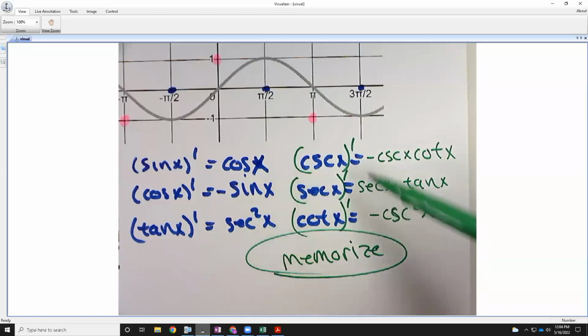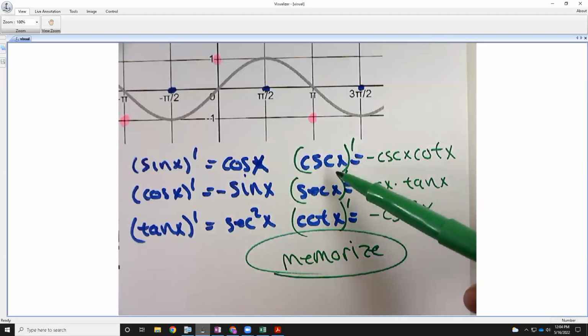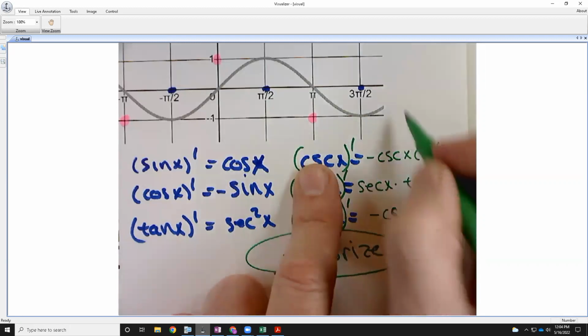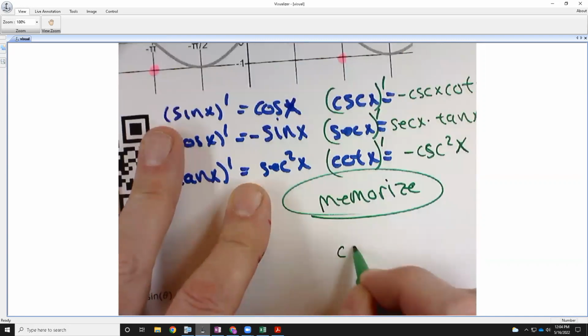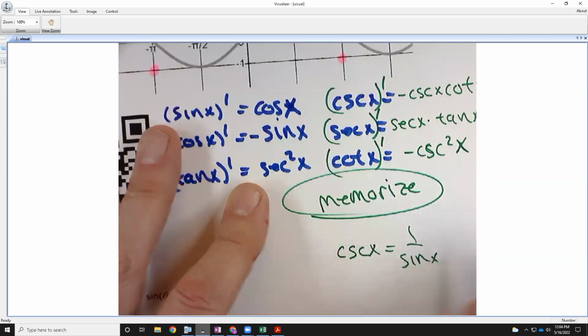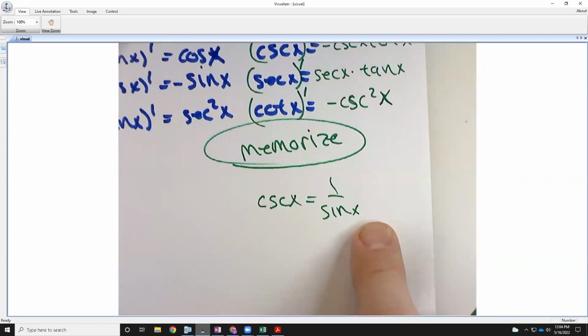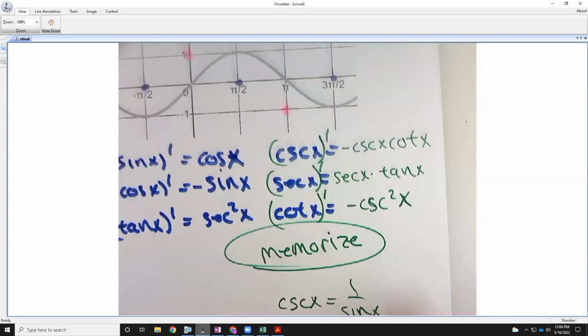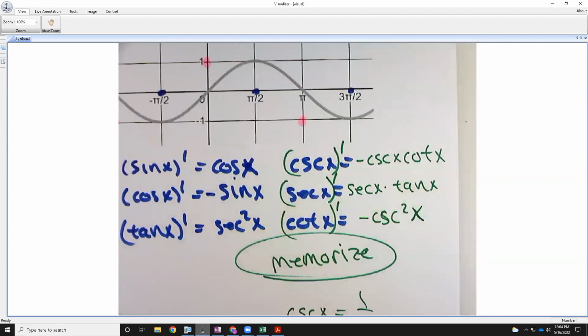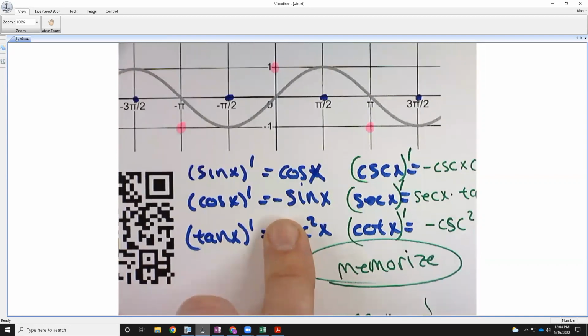You know, if I give you something like derivative of cosecant and you're like, I don't remember what it is, you could always write the cosecant as 1 over the sine of x and then differentiate with the quotient rule. And that's fine. It'll lead you right to this conclusion. So if you forget some of these, you're not in critical shape. But these first 2, you definitely got to have memorized.